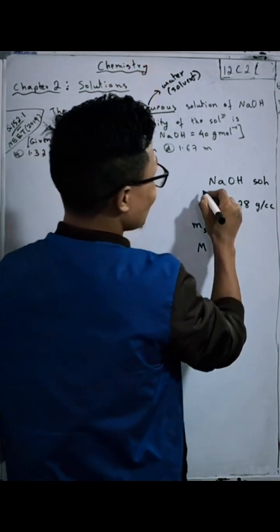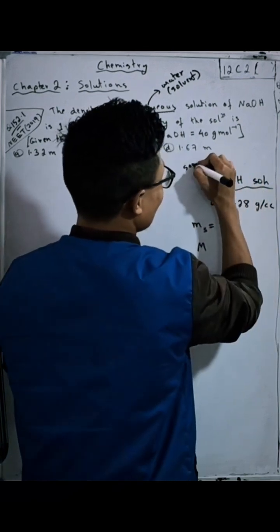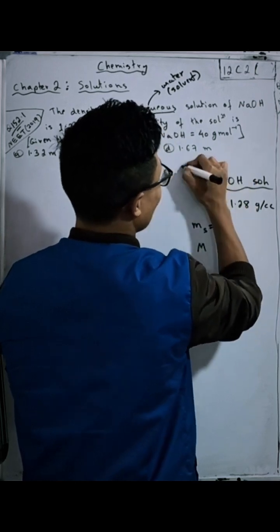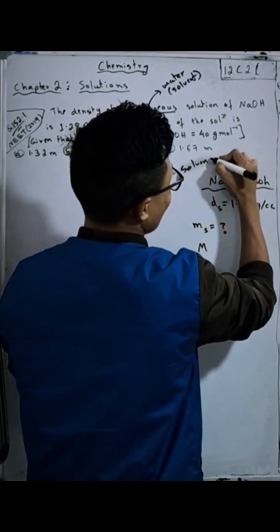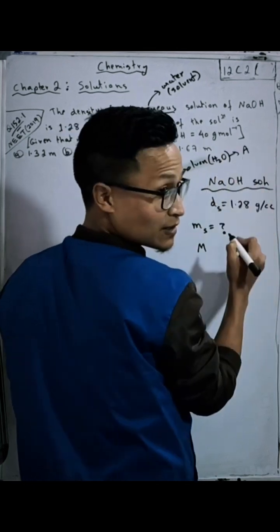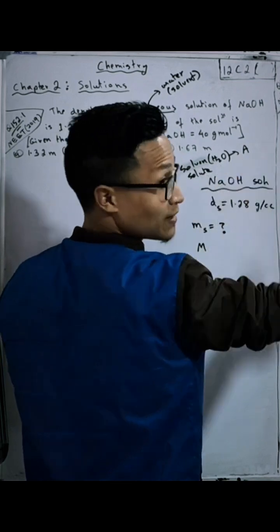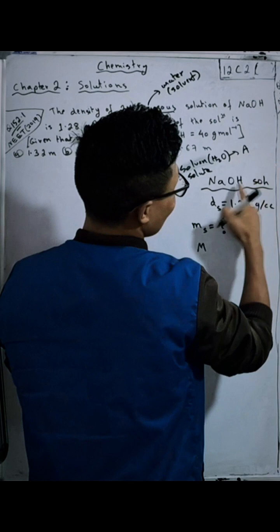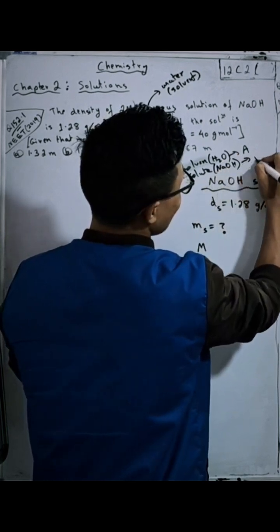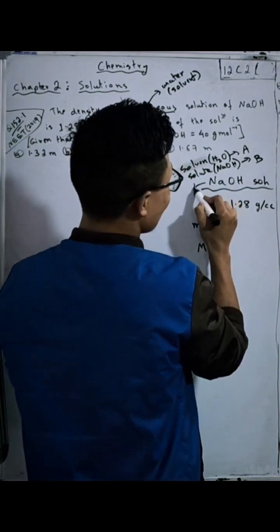So the solvent is water, defined by A, and the solute is sodium hydroxide, NaOH, defined by B. This is the solution S.